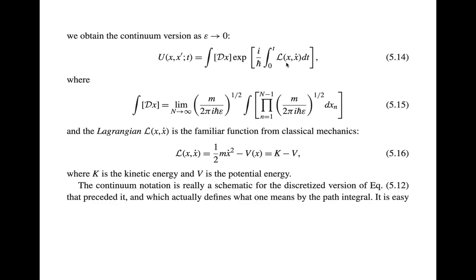So the weight is given by that. So this is the essence of quantum mechanics. All possible paths are possible, but the probability weight is different, and the weight is measured by the Lagrangian, right? So this is the essence of quantum mechanics.